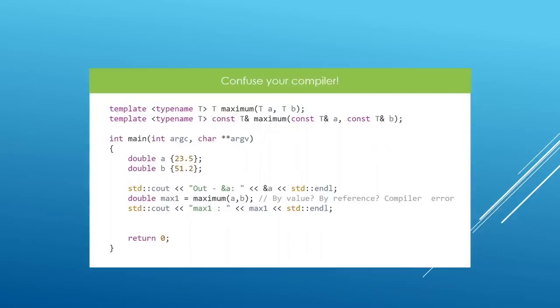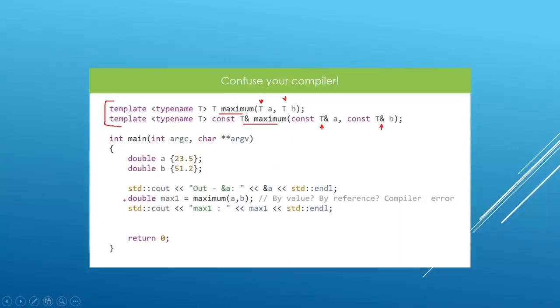But before we head over to Visual Studio Code, I want to show you that you can confuse your compiler if you are not careful. If you set up these two function templates you see here, they are going to be overloads, and we can use function overloads with templates. But for now, we're just going to focus on the parameters that we are passing in here. The first one is taking things by value, and the second one is taking things by reference, as we see here.